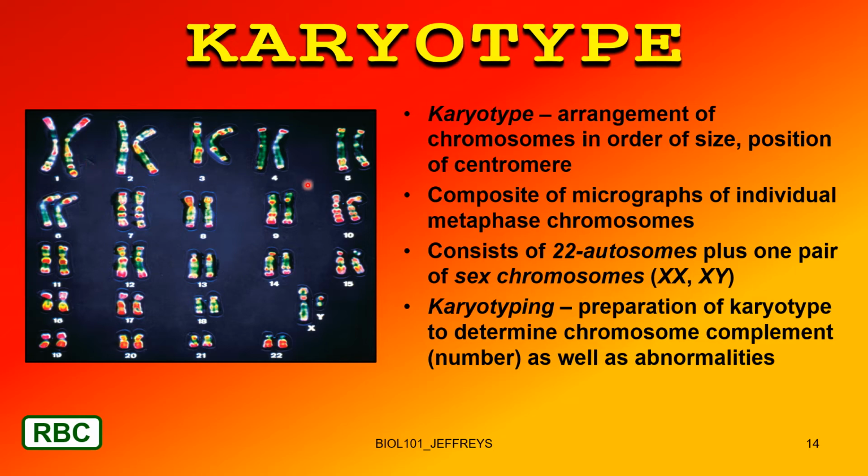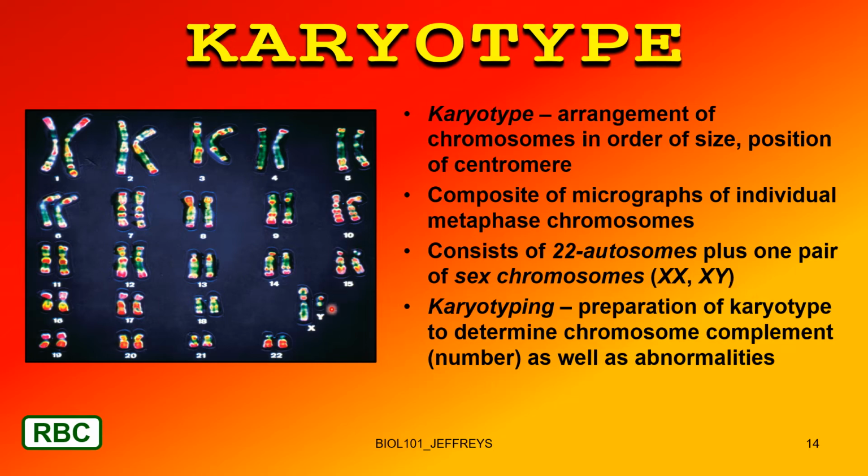There are 22, remember our n number is 23, there are 22, we call them autosomes, plus 1 pair of sex chromosomes. In this case the sex chromosomes determine male-femaleness. So you have an XX chromosome, that's female, and an XY, that's male.